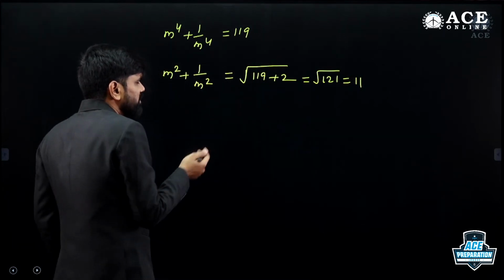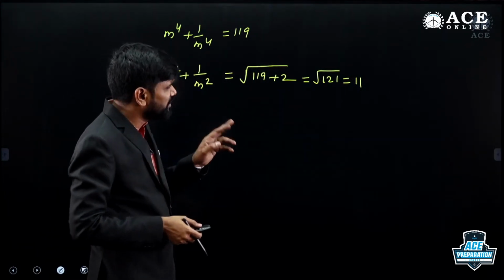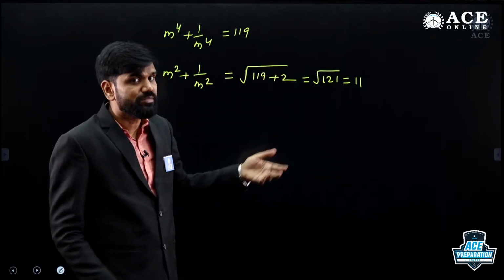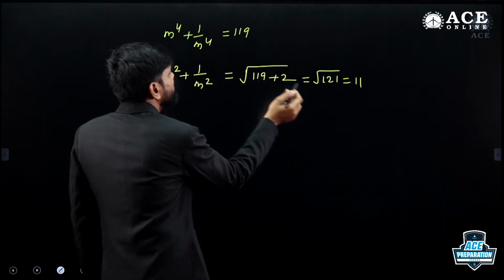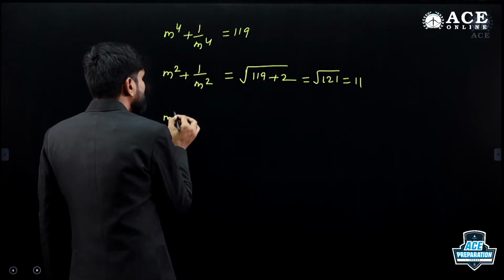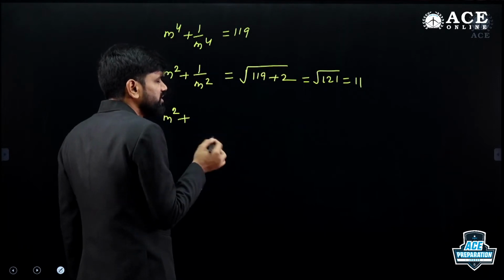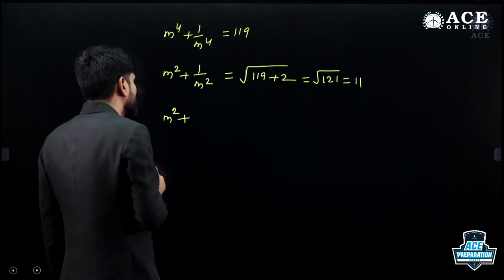So if at all you are willing to get m plus 1 by m, you will add plus 2 here, plus 2 on the other side also. If you want m minus 1 by m, so what you have to do? Minus 2 on both the sides. That will give you how much, dear? M square plus 1 by m square minus 2 into m into 1 by m. That will give you m minus 1 by m whole square.